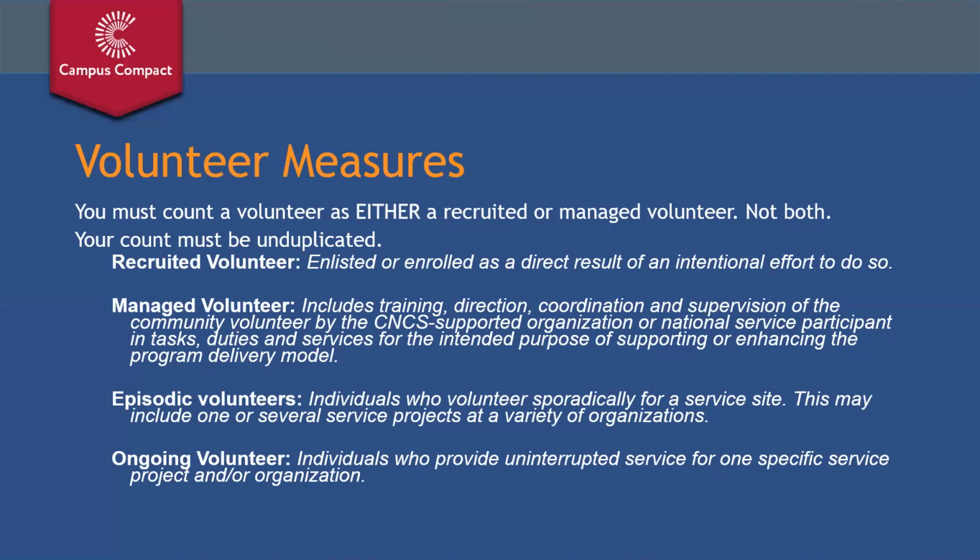I think the clearest way to think about this one is that if you are recruiting individuals to volunteer and you just ask someone to volunteer for a day of service event for an agency, and they say, okay, I'll sign up, and that's the end of that relationship, then they're a recruited volunteer.